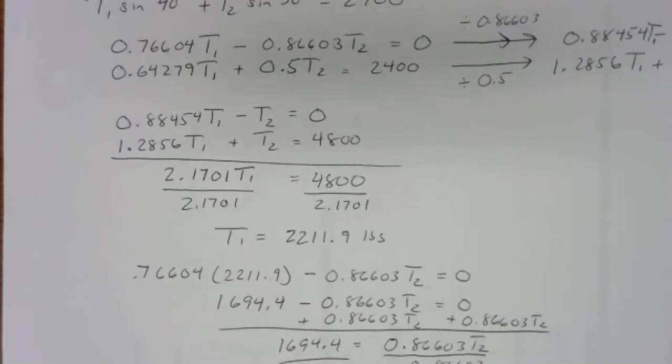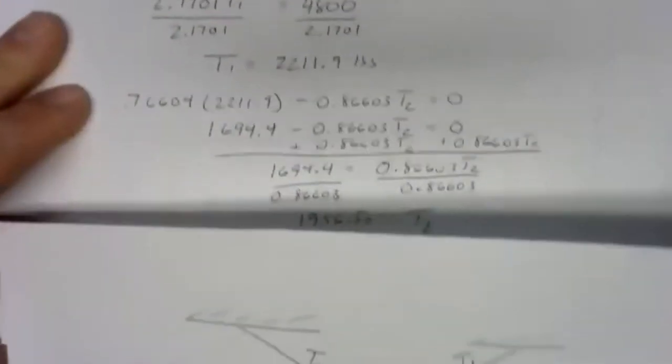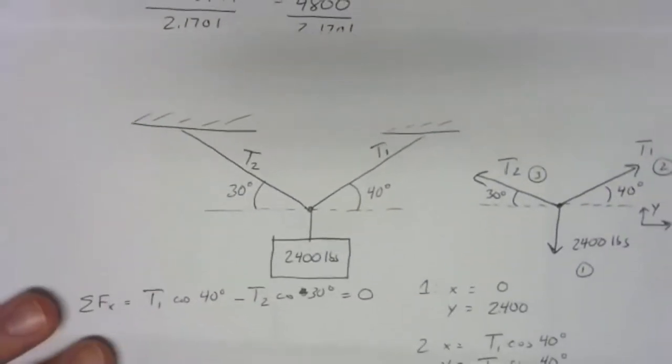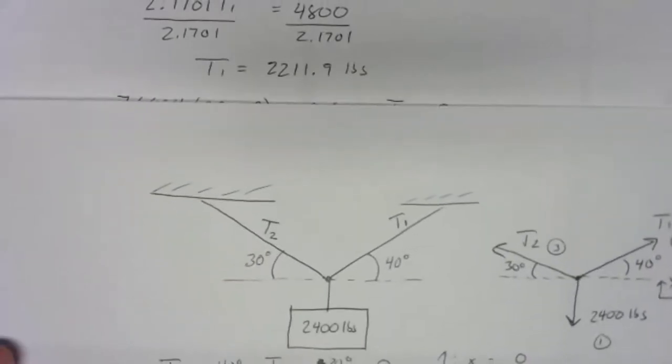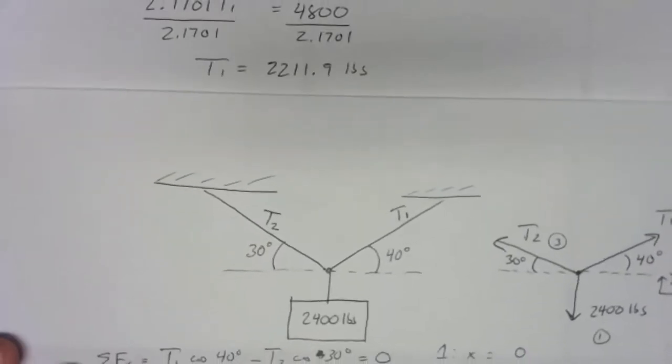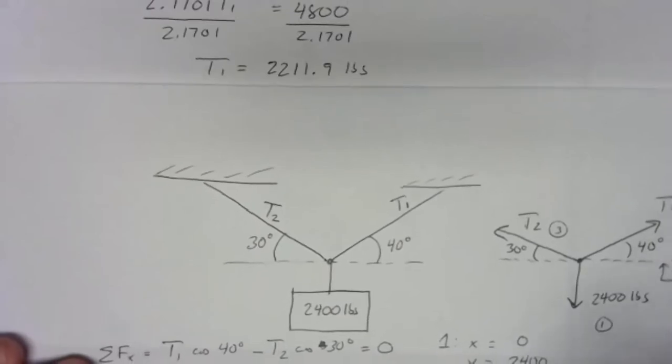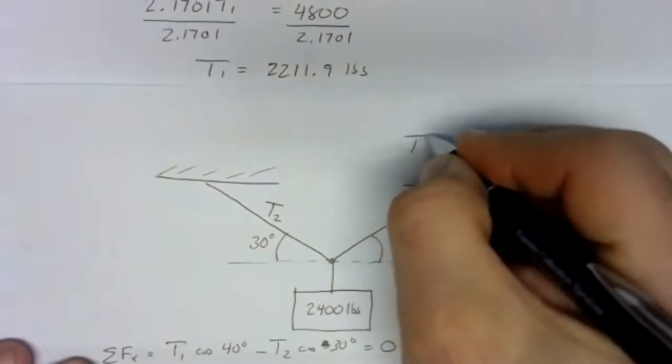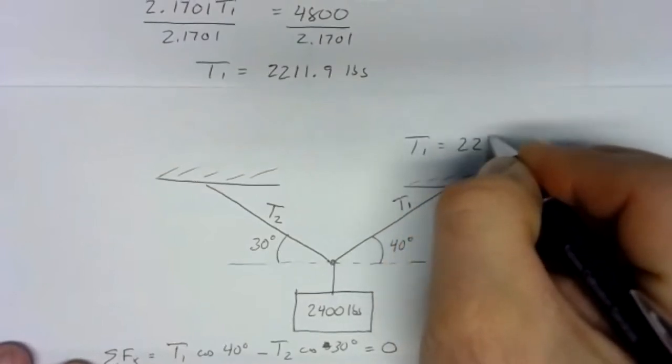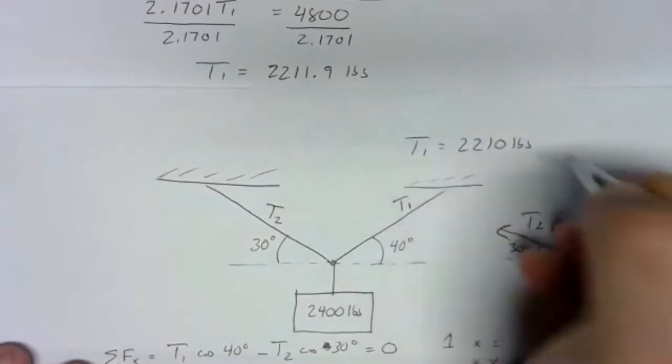So let's finish the problem here. We can go back to our original page. T1 we found was 2211.9, and we're going to round to 3 sig figs, so that would be 2210. So T1 was 2,210 pounds.